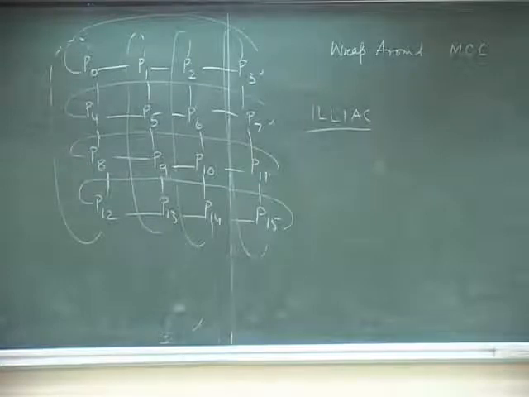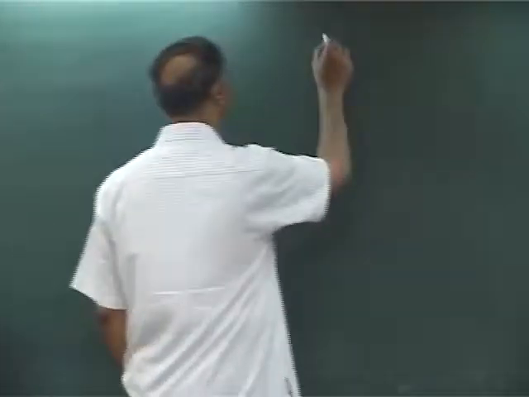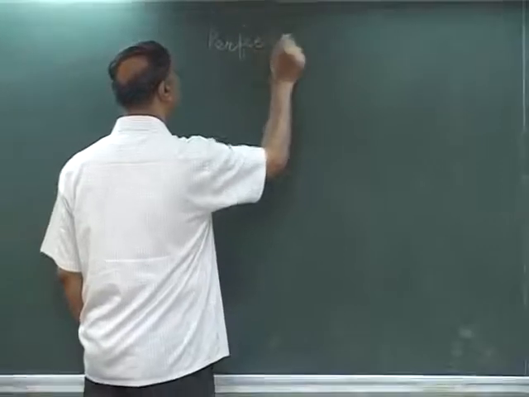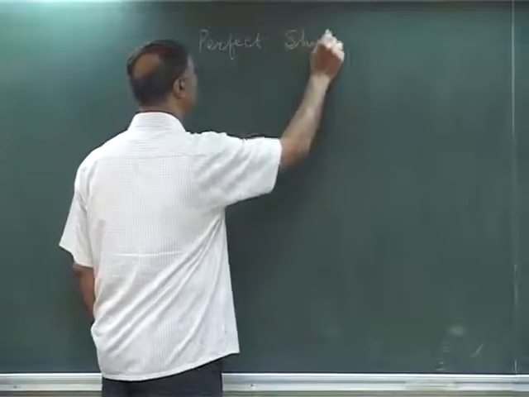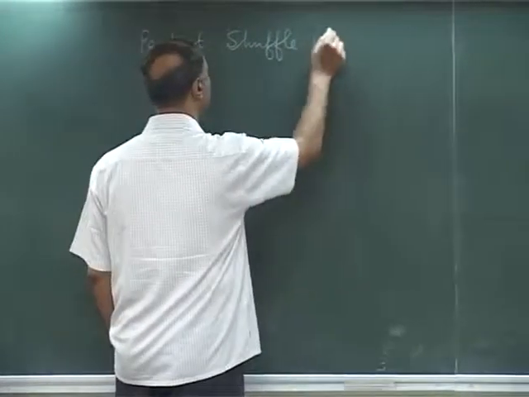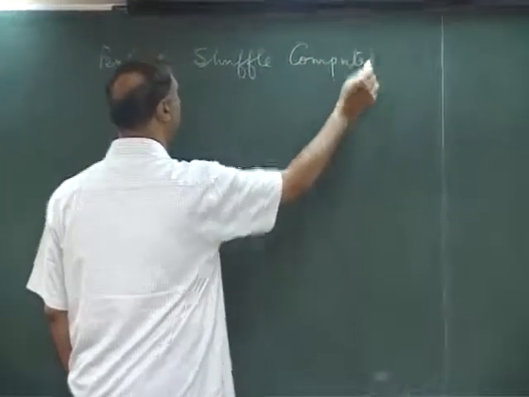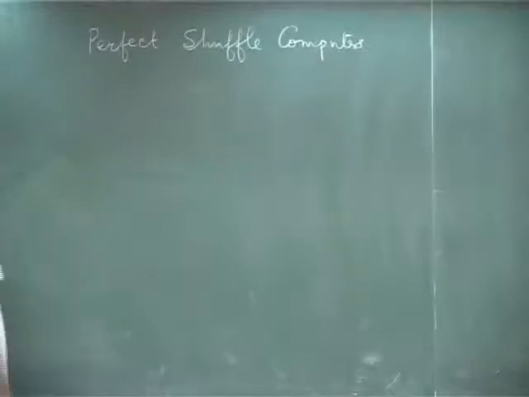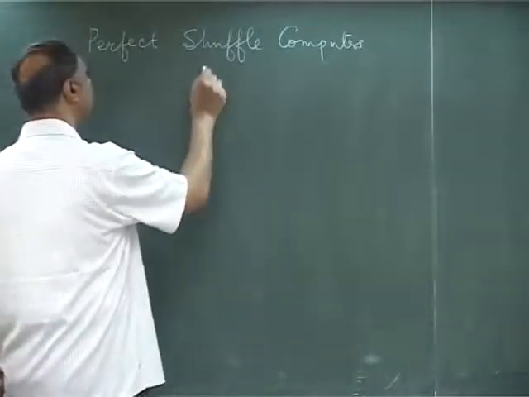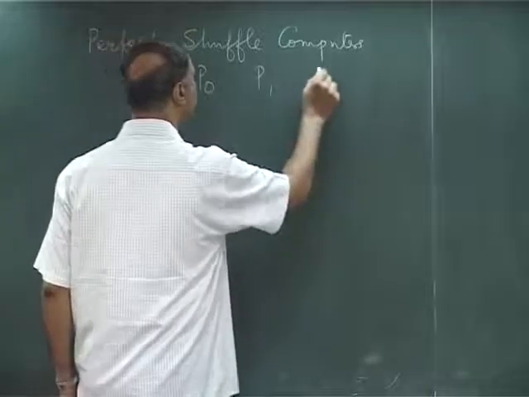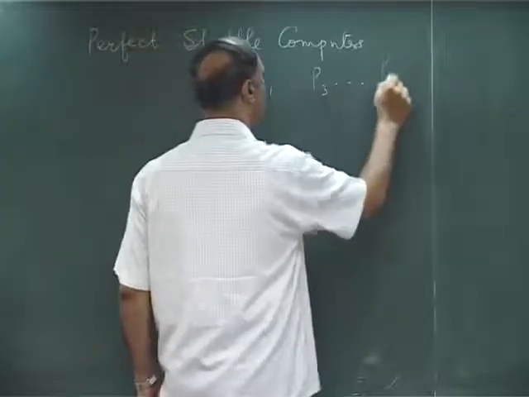Now the next model is known as perfect shuffle computers. Let us assume there are n processors P0, P1, P2, P3, up to Pn-1.